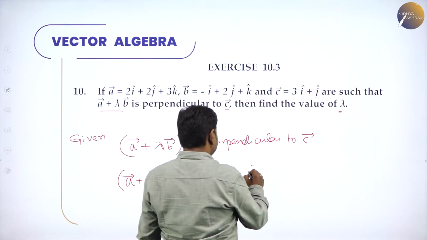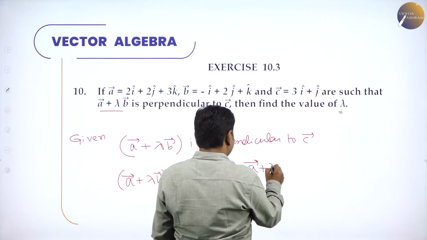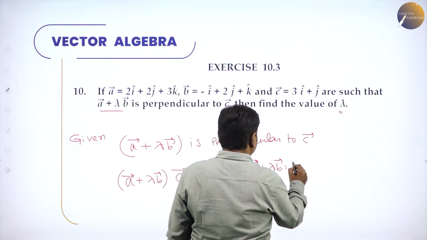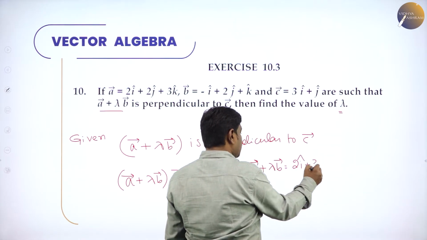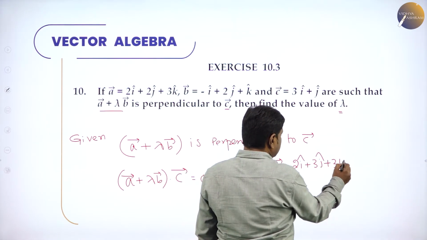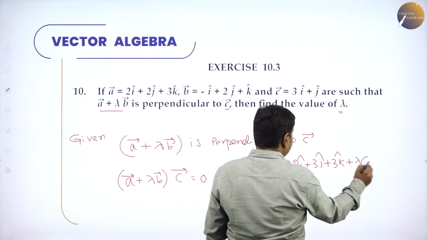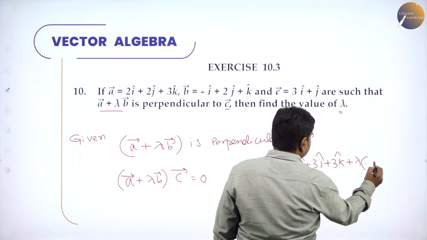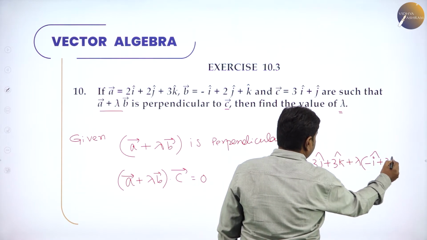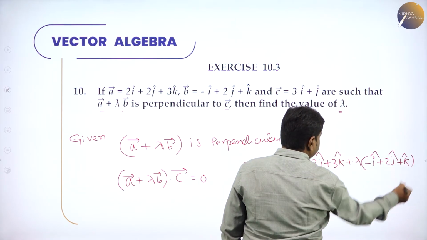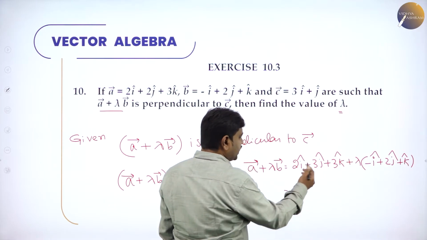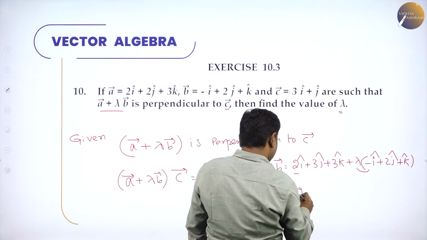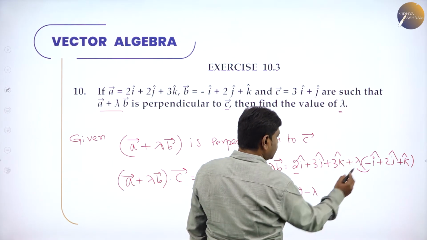What is a plus lambda b? Vector a is 2i cap plus 3j cap plus 3k cap, plus lambda times vector b. What is vector b? Minus i cap plus 2j cap plus k cap. Now simplify, take i, j, k common. So i cap: 2 minus lambda.